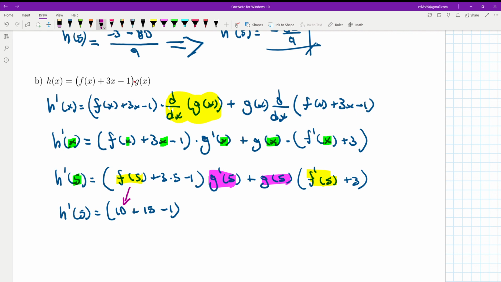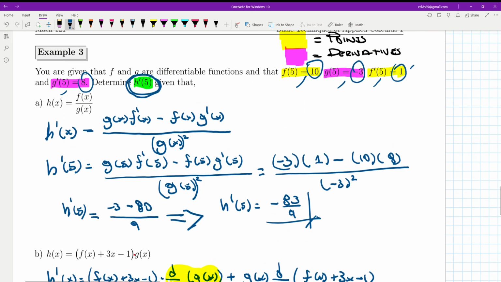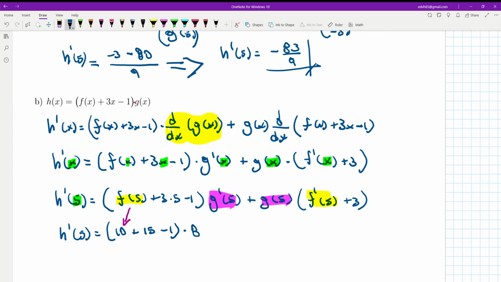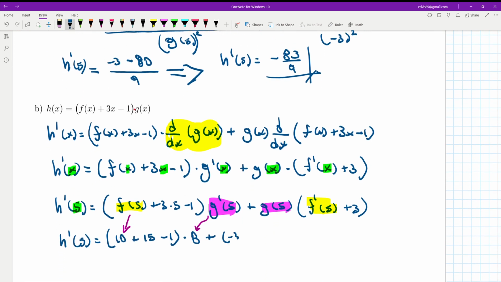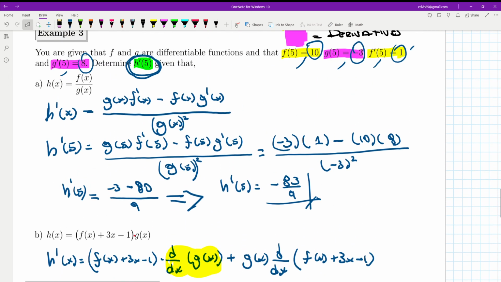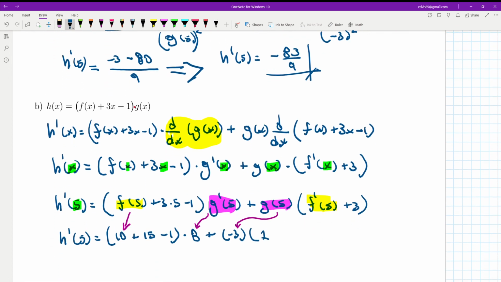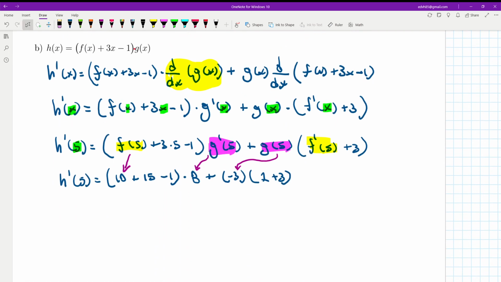And then that times g prime of 5, which equals 8. Plus g of 5, which is negative 3, times f prime of 5, which equals 1, plus 3.